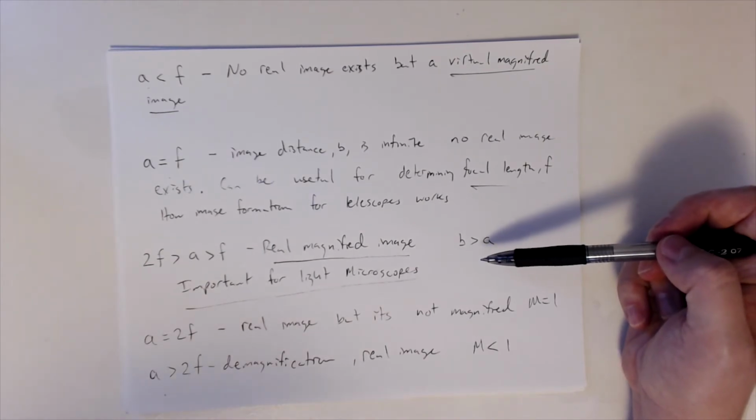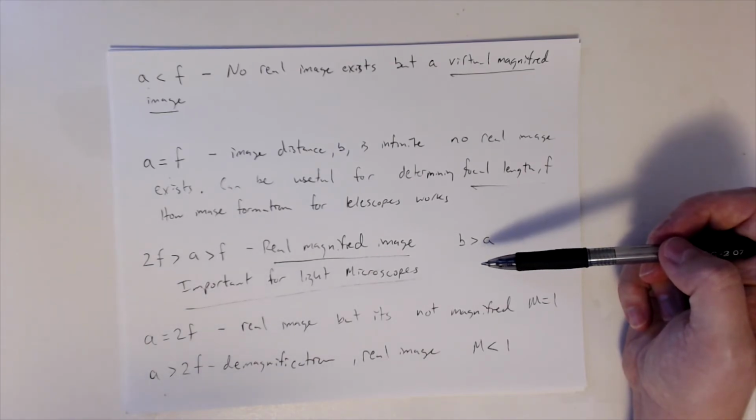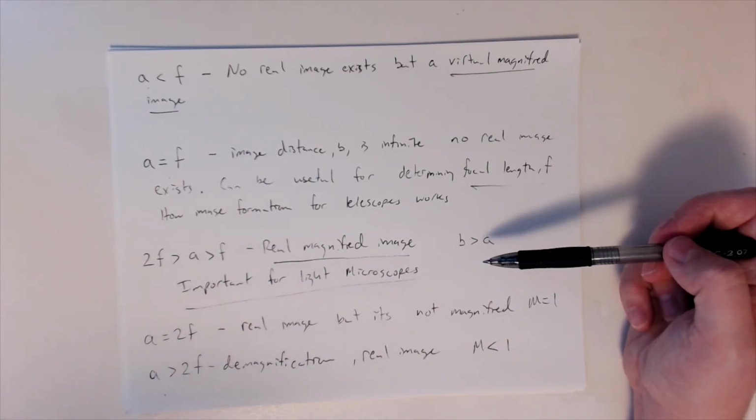So also, I want you to kind of think of the last time you used a microscope. You might have noticed that the specimen ends up being very close to the objective lens. And so sometimes that distance is very short, on the order of a few millimeters, right? So that kind of gives you a frame of reference for what these values of A, B, and F have to be.